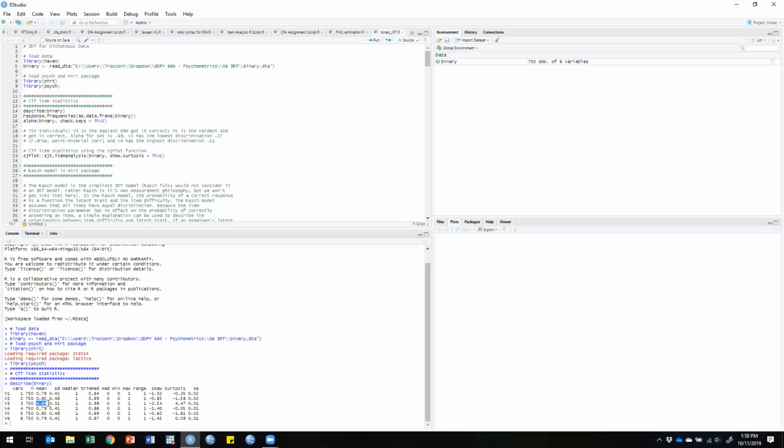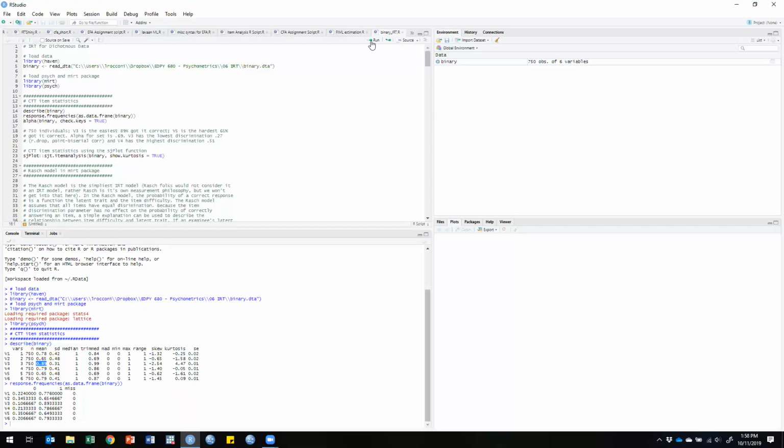And question 3 would be the easiest. 89% of people got it correct. We could also look at these as just response frequency, so you can see how the data are coded 0, 1, and there's no missing data.